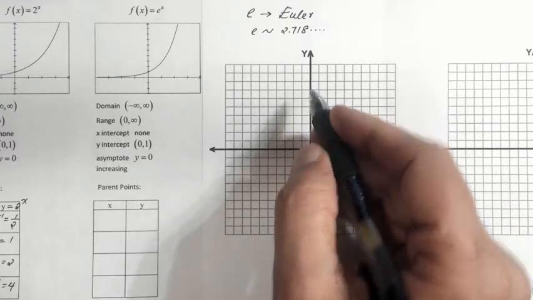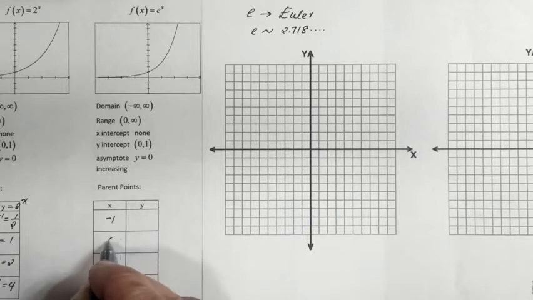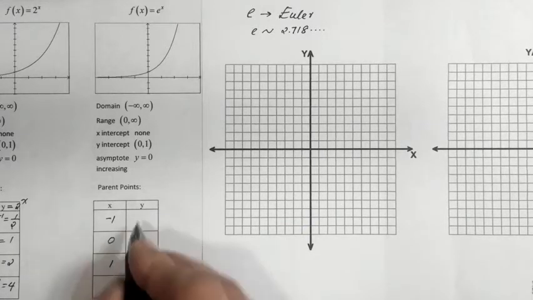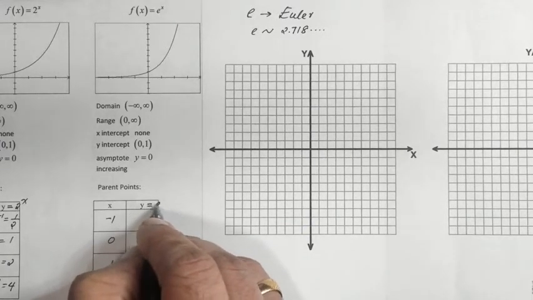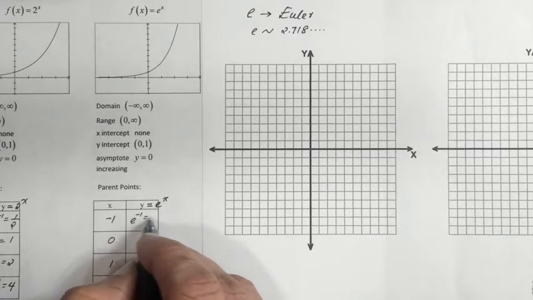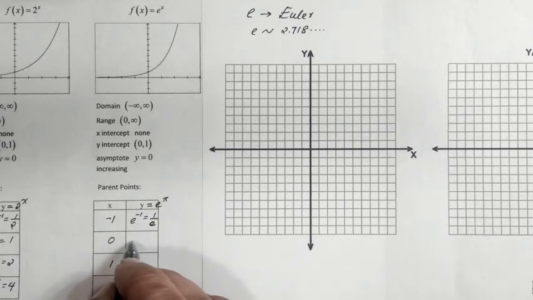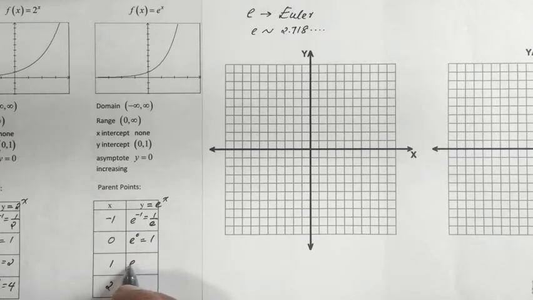First, we will use the same x values that we used before: negative 1, 0, 1, and 2. And y is equal to e to the power of x, so it is going to be e to the power of negative 1, which is 1 over e. The second one is e to the power of 0, which is going to be 1, then e to the power of 1, which is e, and e to the power of 2, which is e squared.